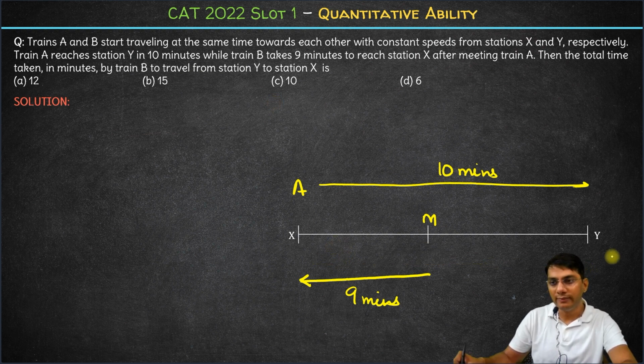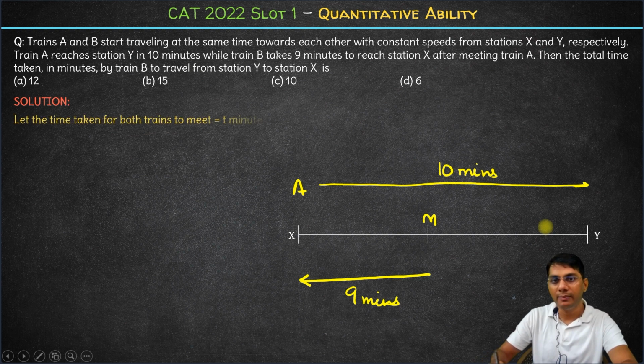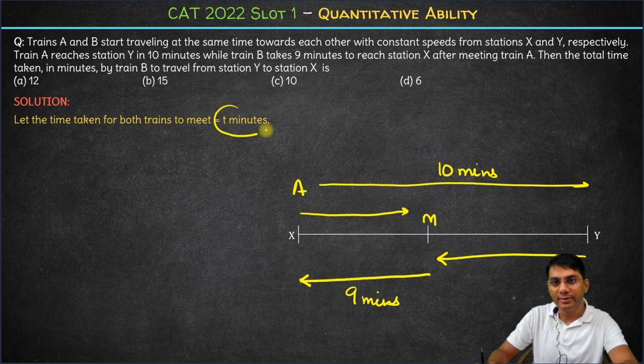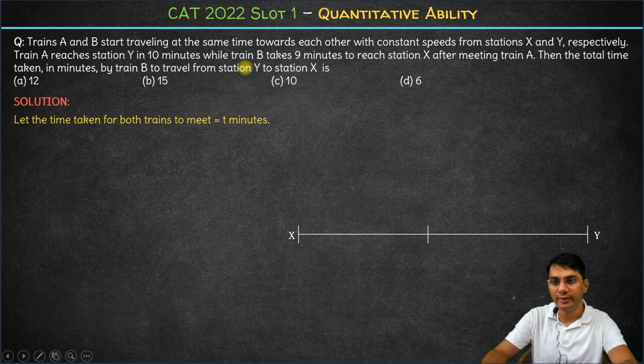So to know the total time, we need to calculate the time it takes for B to meet A, as in meeting time. So let's say the time taken by both the trains to meet is t minutes. Both of them start at the same time from X and Y, right? So by the time A reaches meeting point, in the same time B also reaches the meeting point, correct? And this time is, let's say, t minutes. Fine.